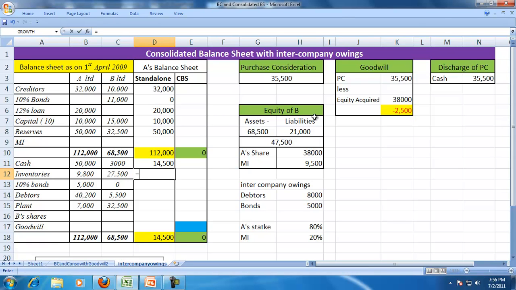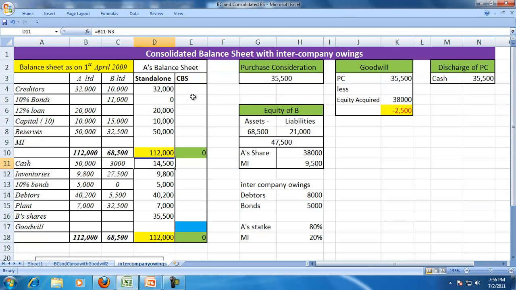There is no change in the inventories, no change in the bonds, no change in the debtors, and no change in the plant, and B's share will appear as the value of the investment in the books. So the standalone balance sheet of A will have the investment in B shares and the corresponding payment in the form of a reduction of cash.